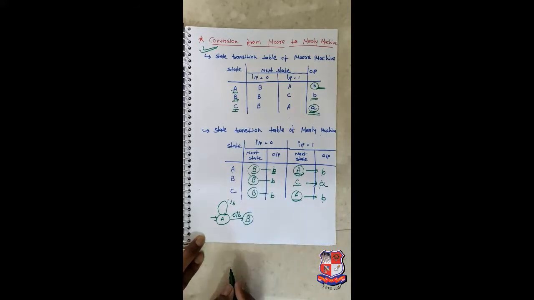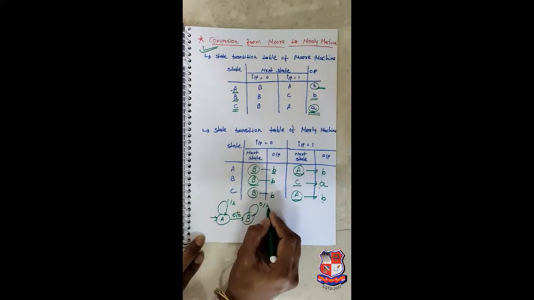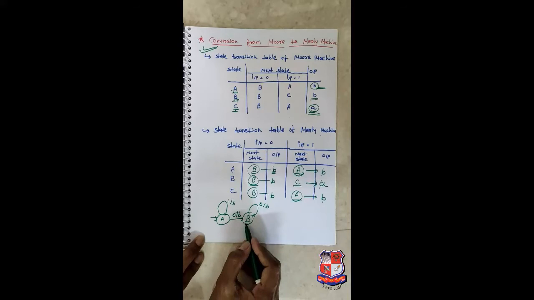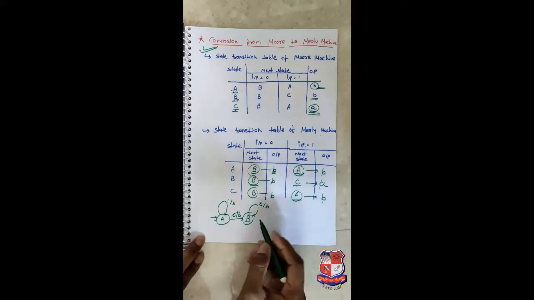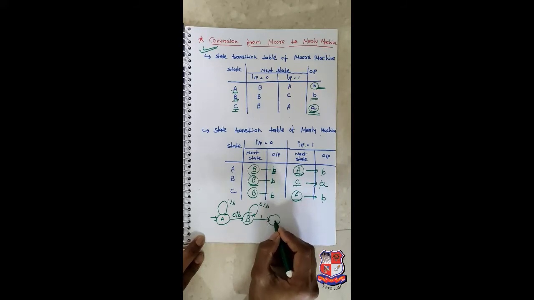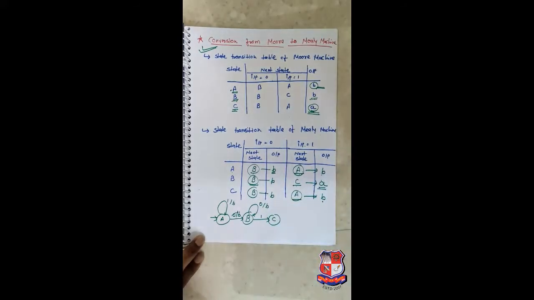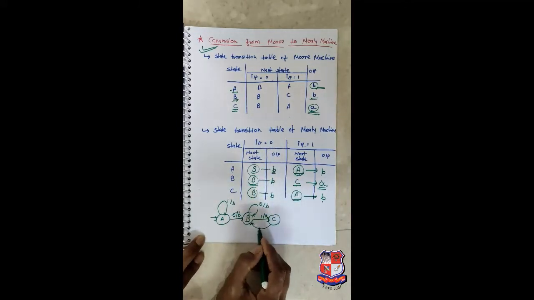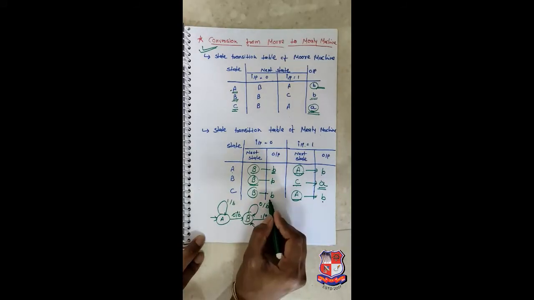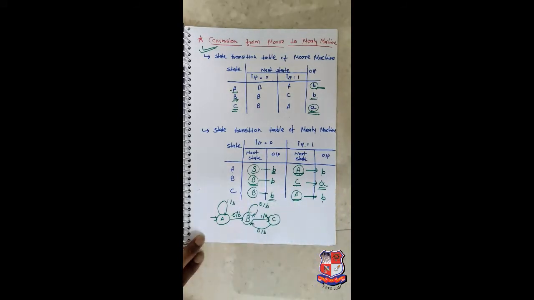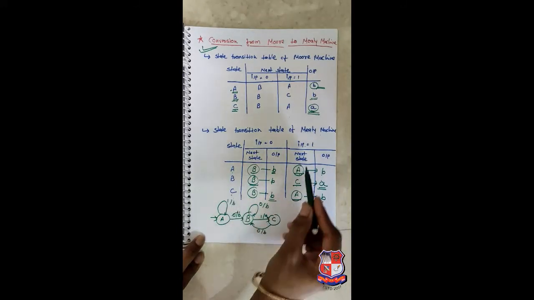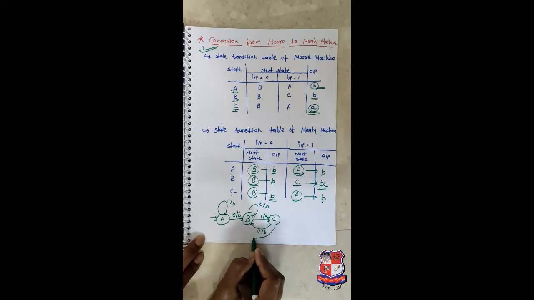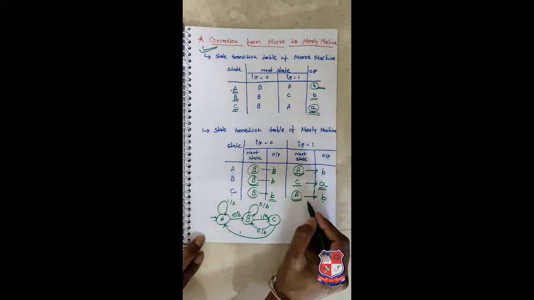For B, if the input is 0, then the next state is B and the output is B. For B, if the input is 1, then the next state is C and the output is A. For C, if the input is 0, the next state is B and the output is B. Same way, for state C, if the input is 1, the next state is A and the output is B.